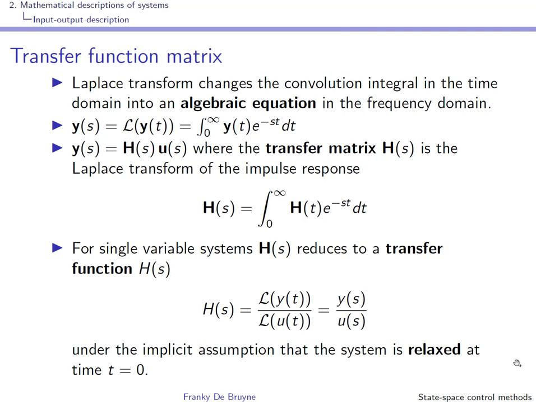If we go to the Laplace domain, things become simpler because the convolution integral in the time domain changes into an algebraic equation in the frequency domain. So we'll use the one-sided Laplace transform. And as I said, if you go to the Laplace domain, the relation transforms into the following one, where h of s here is the transfer matrix.